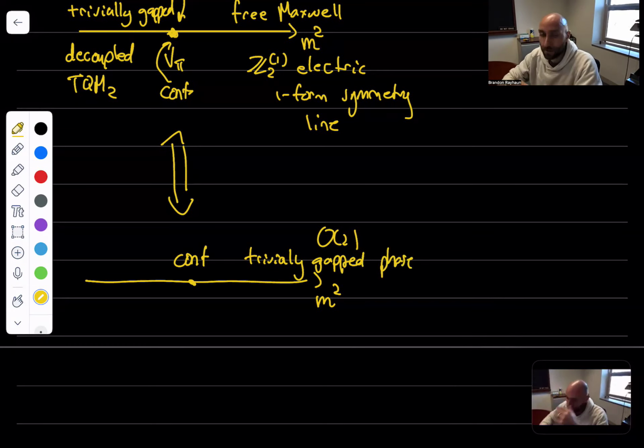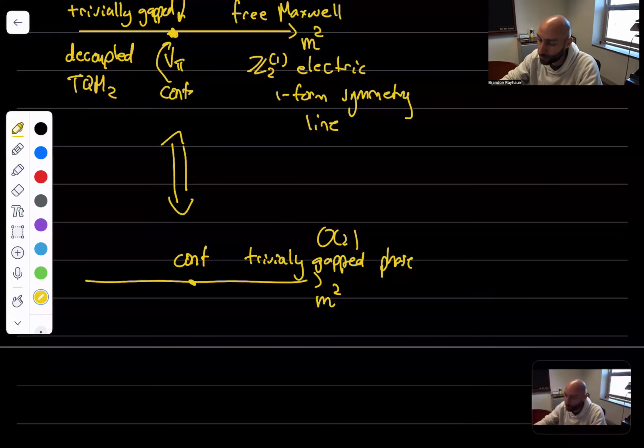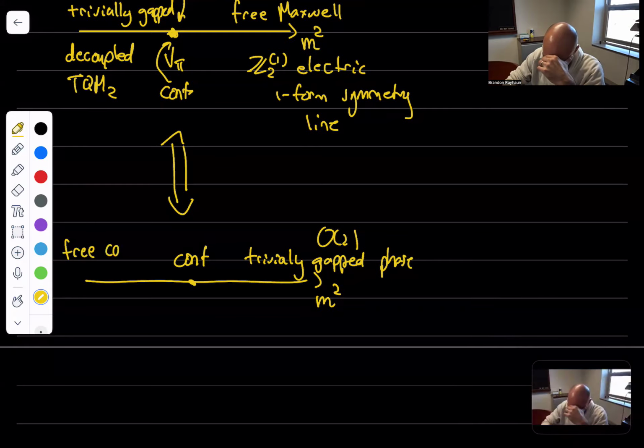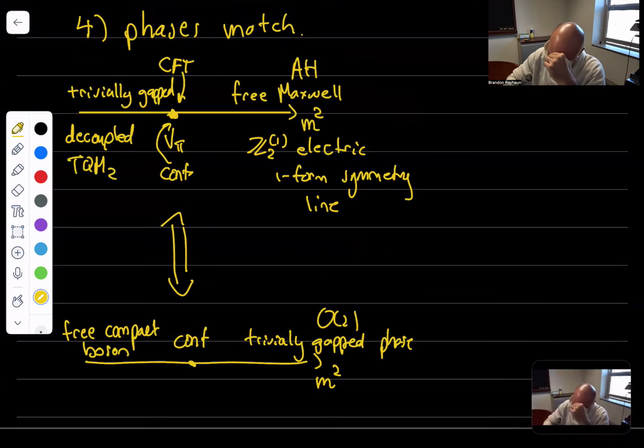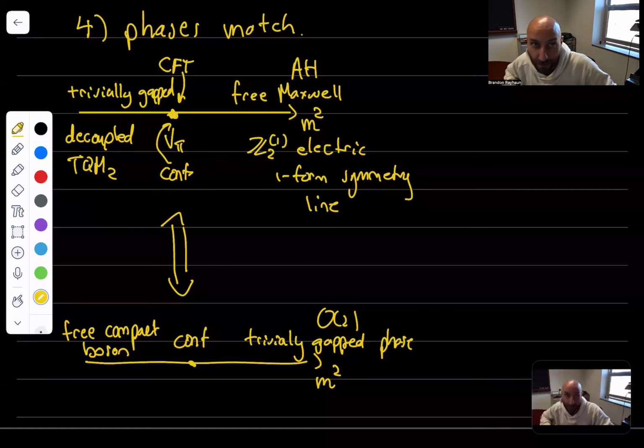As you tune the mass squared to be very, very negative, you spontaneously break the U1 symmetry, and you're left just with the theory of the corresponding Goldstone boson, which is a compact boson. So if you'd like, this phase diagram is sort of inverted with respect to this one. So positive mass squared in the O2 model maps onto very negative mass squared in the abelian Higgs model.